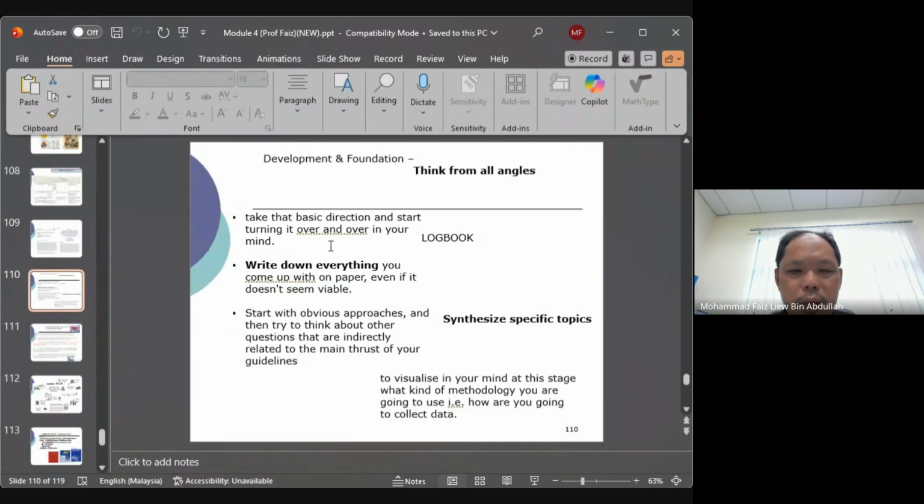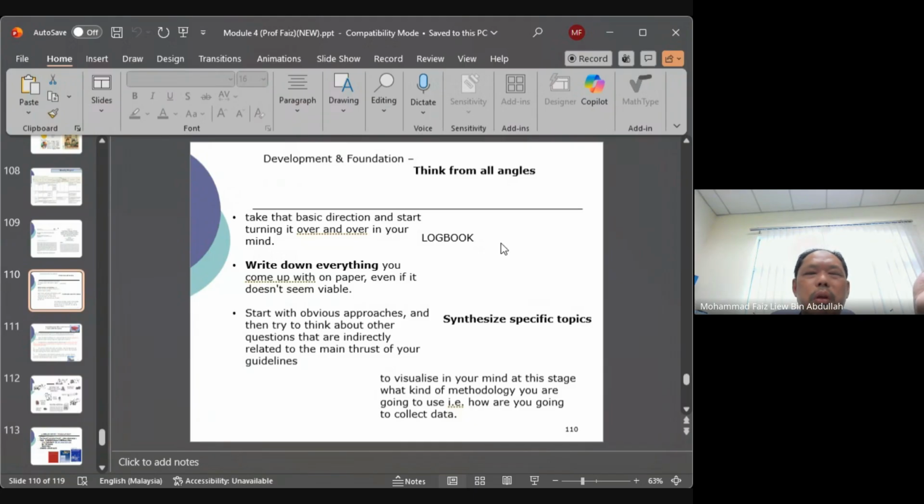Use a logbook. Take the basic direction and start turning it over in your mind. Like my wife's professor supervisor, from the chemistry department, they already have all the students keep a logbook. My supervisor did not say I needed a logbook, but I did it myself.